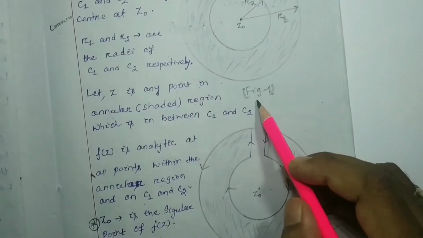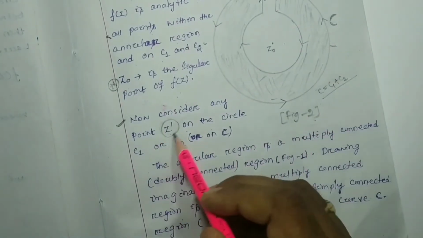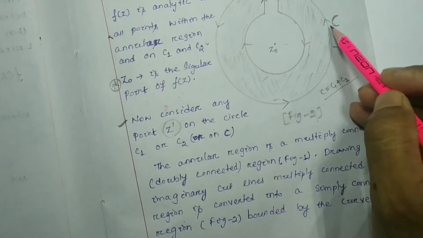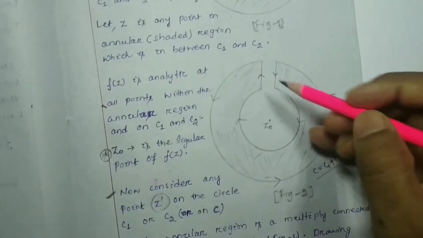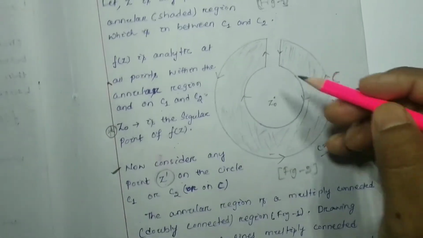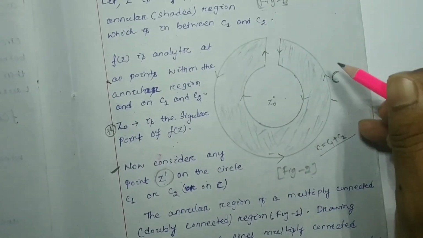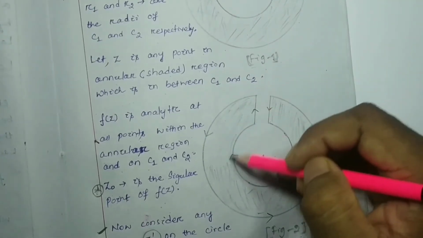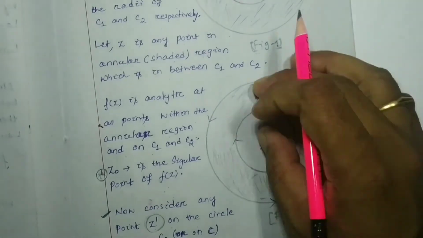If we consider figure 2, then Z dash is any point on C. C is the curve that is the addition of the two circles and the two cross cuts. The cross cuts are going to cancel, and C is nothing but C1 and C2, right? These things we have already discussed.